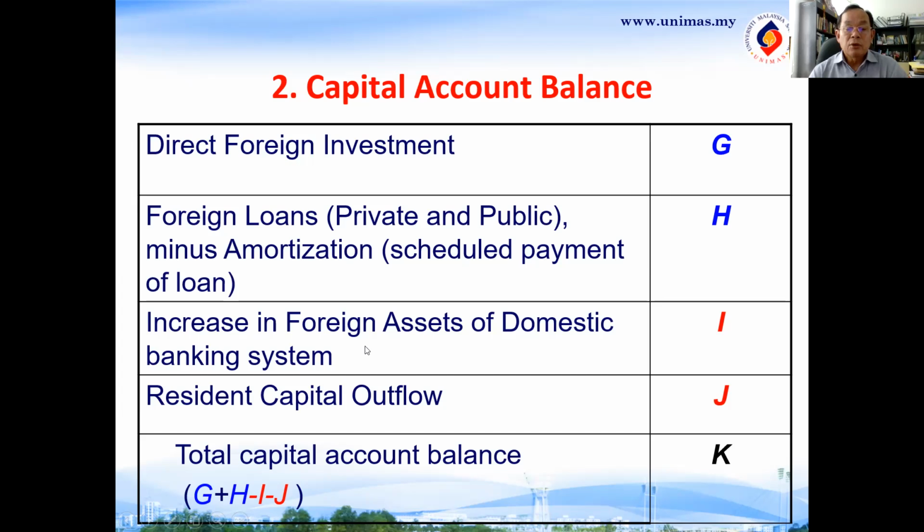Then the other component is the increase in foreign assets or ownership of the domestic banking system, meaning that there are more foreign banks in the country.